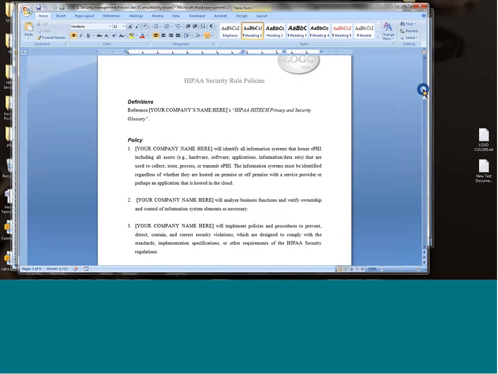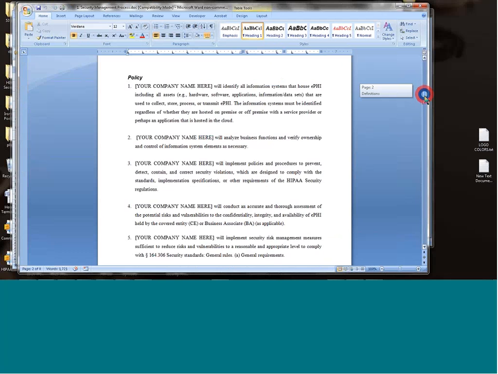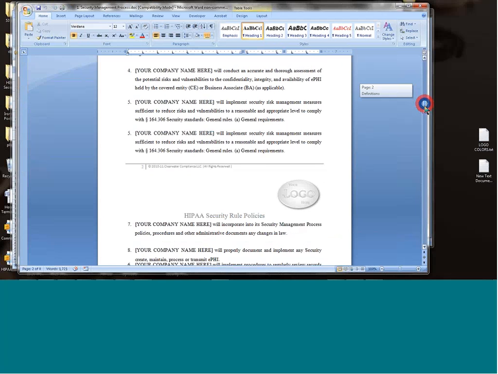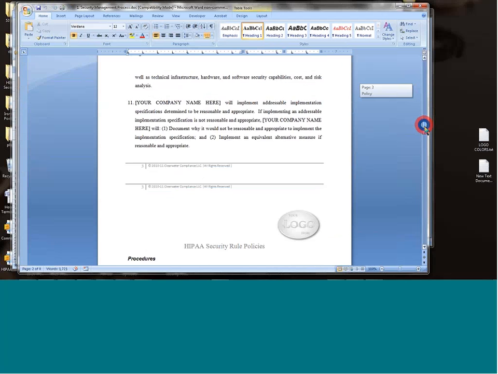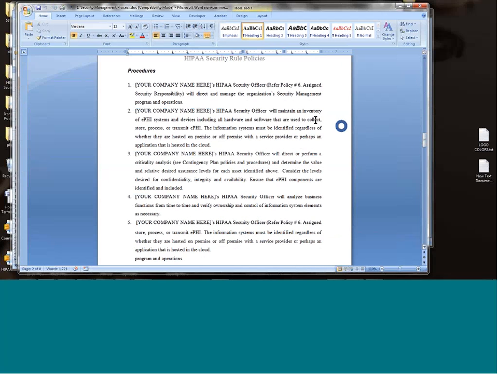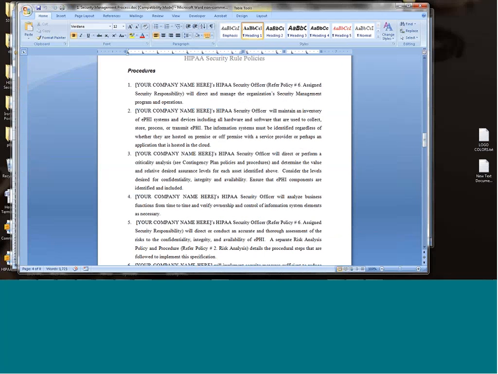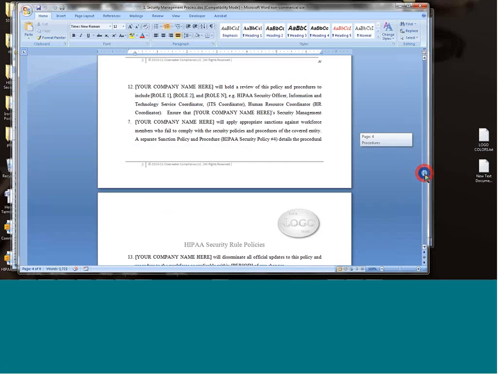Definition section, a policy section. As I mentioned before, the policy is the articulation of your values, what you stand for or what needs to be done. The procedures are an articulation of how you go about doing it and who in fact performs that work, in this case the HIPAA security officer on this very first point.